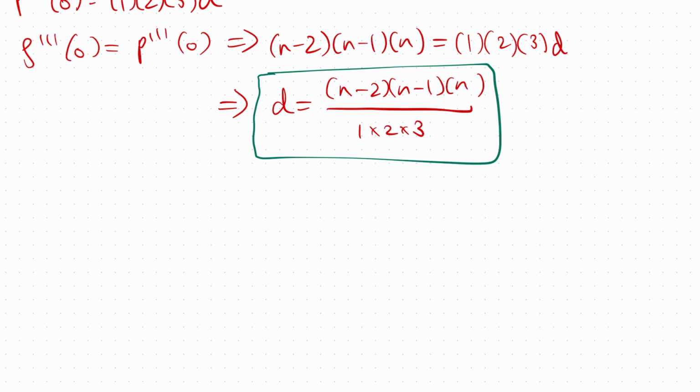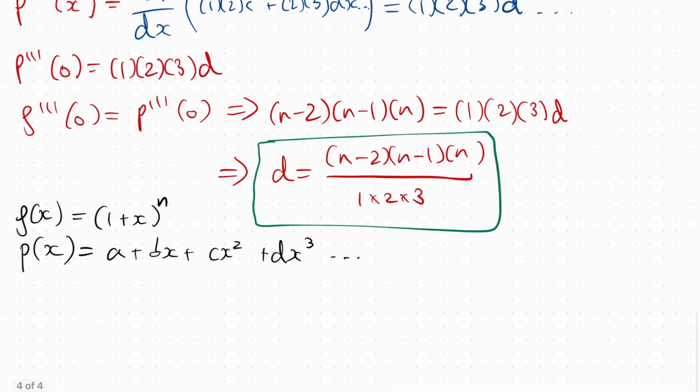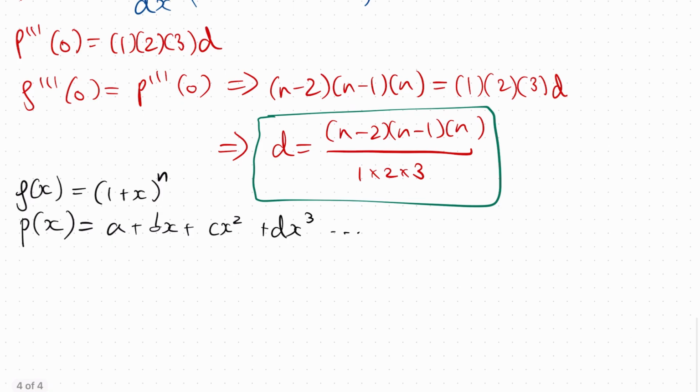These are the terms of the polynomial series, which is trying to match the f of x function, which was 1 plus x to the n. And this is matching it, so we had a plus bx plus cx squared plus dx cubed, which went on forever. And we've just worked out these a, b, c, and d terms, so now we can put them back in.